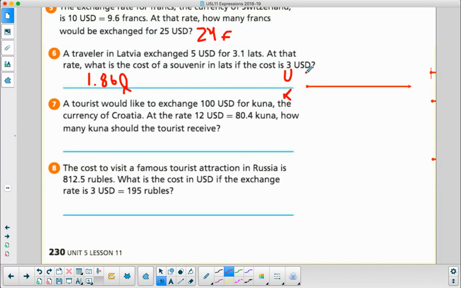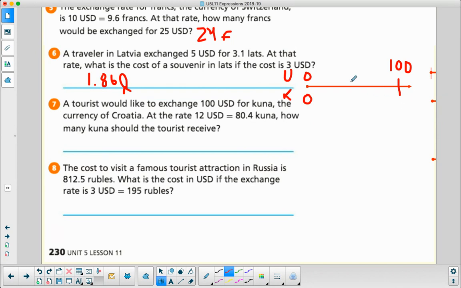So I'm going to kind of stay the same each time. 0 US dollars, 0 kuna. I want to know 100 US dollars. I can put that way at the end because I'm not going to have more than $100, that's for sure. And 100 US dollars for kuna, I don't know how much.